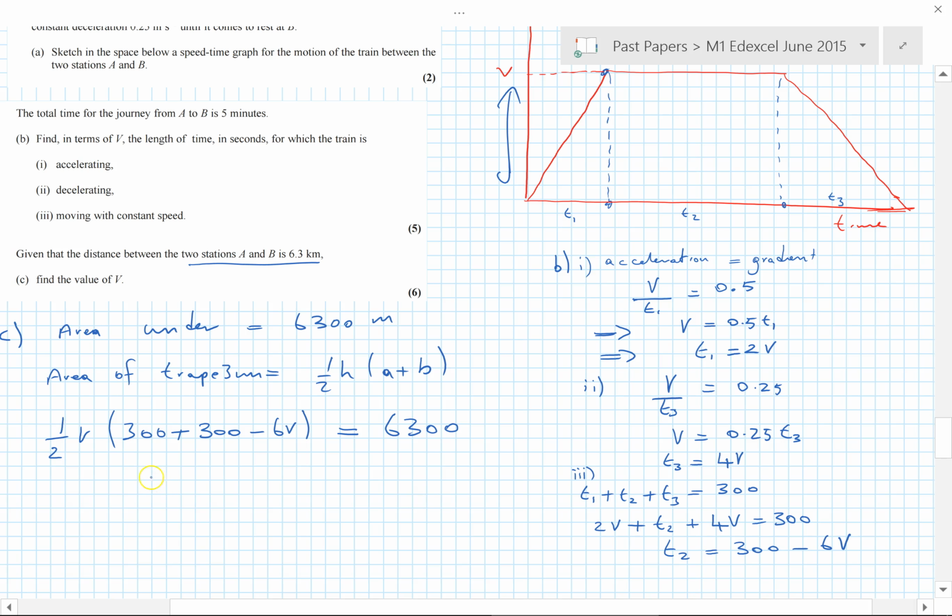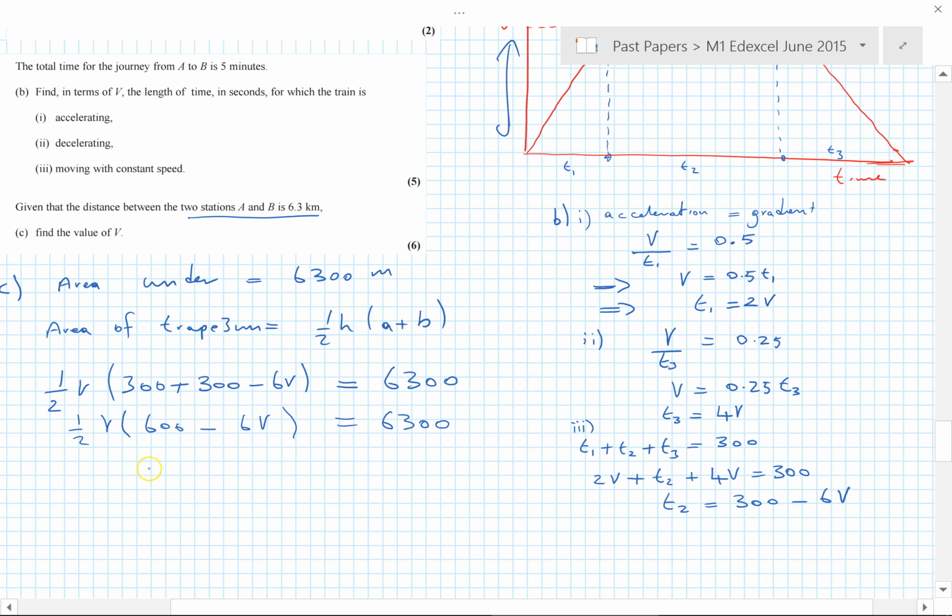Okay, so we can double that and just multiply various things out. So we have V times 600 minus 6V, halved, equals 6,300. I haven't actually done anything there really, apart from add the 300 together, but that's okay. Now I can times by half V, so I'm going to get 300V minus 3V squared is equal to 6,300.